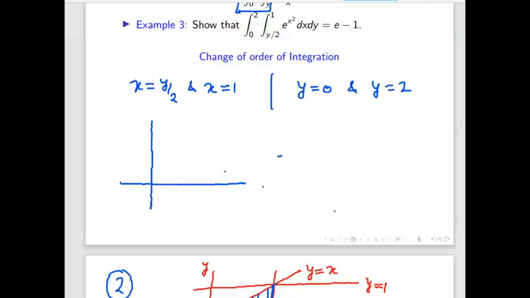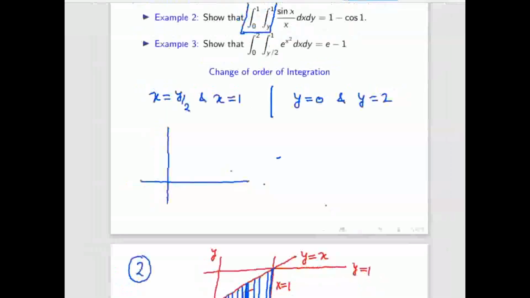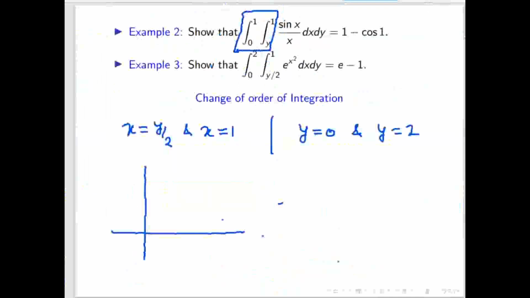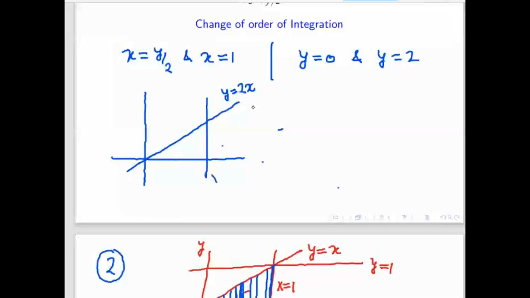That is a line with slope passing through the origin. So this is the line y equal to 2x. Then x equal to 1. So this is the x equal to 1 line. y equal to 0 is this line. Where will y equal to 2 go?